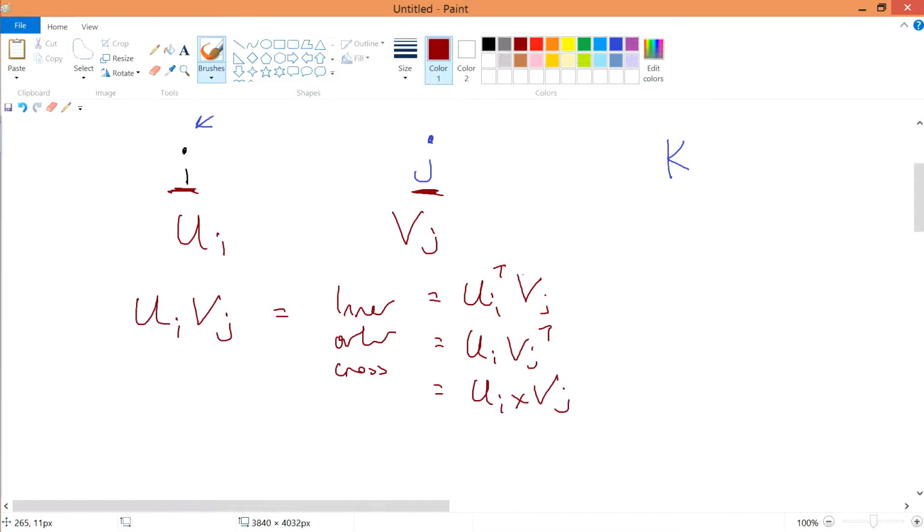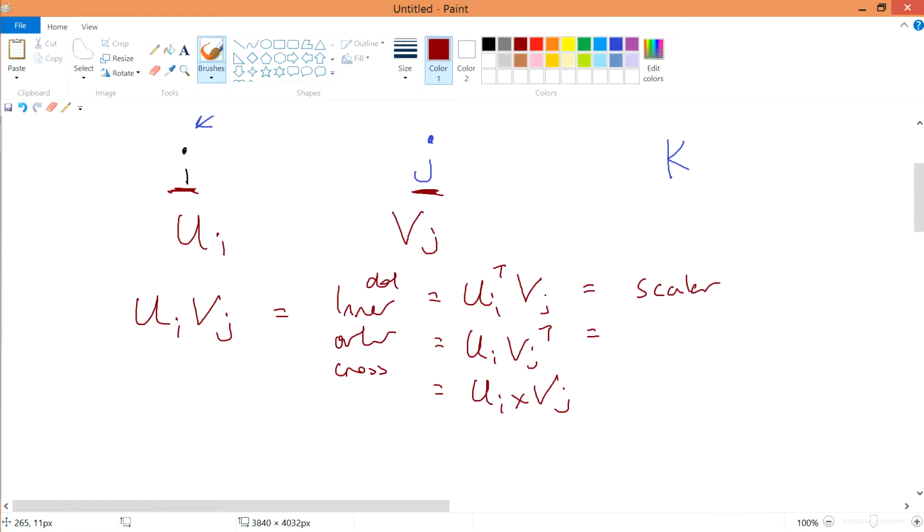So how you deal with the interactions between spaces i, j, k depends on the product. For the inner product, or dot product, you get a scalar.